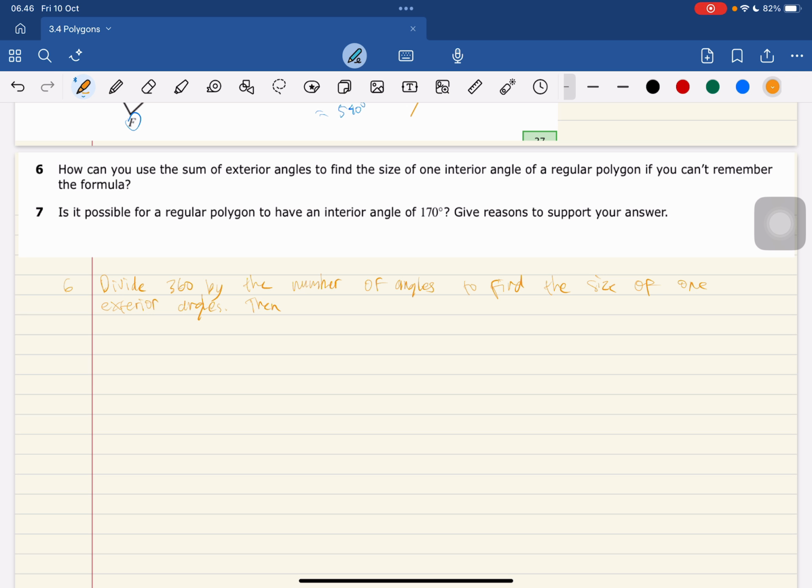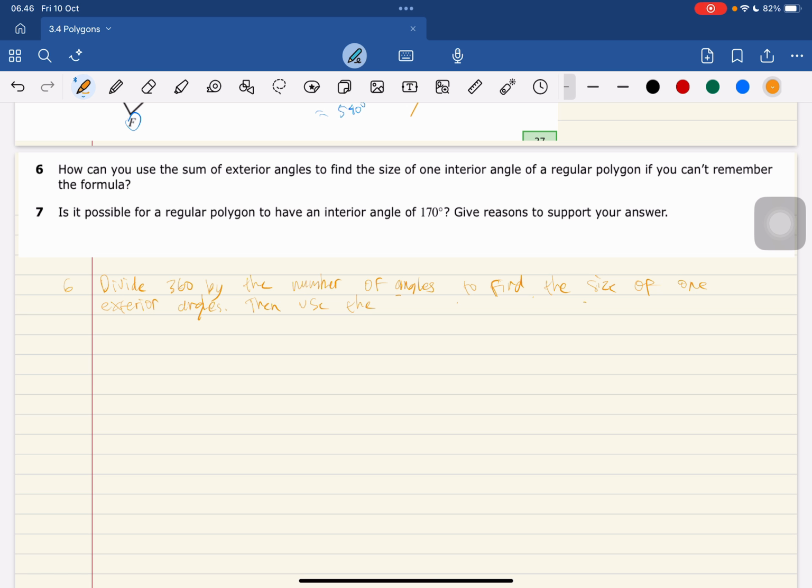Then after this, use the fact that the exterior, okay, I think I should rewrite it properly.